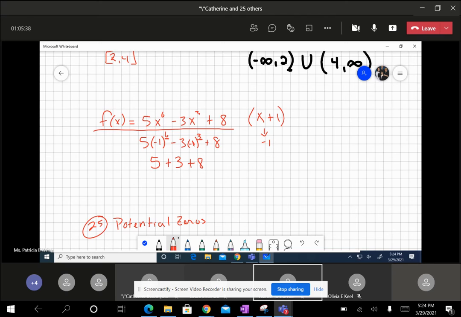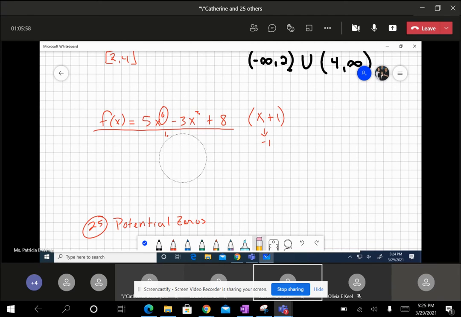How many of them are positive? 2 or 0, because I have 2 changes. I go from positive to negative, and then I go from negative to positive. Maximum number of 6, and 2 of them would be positive.